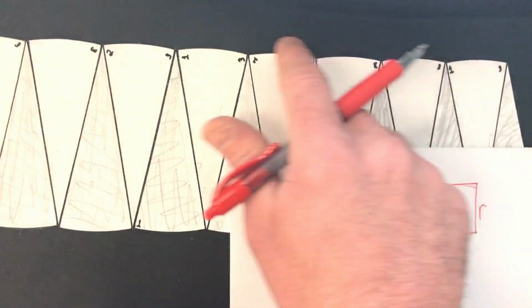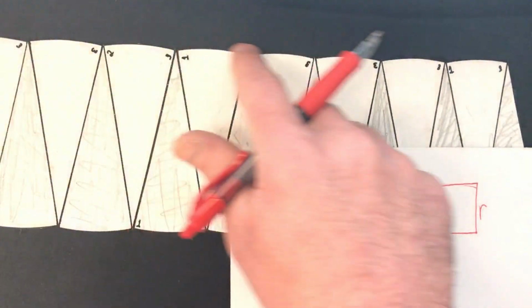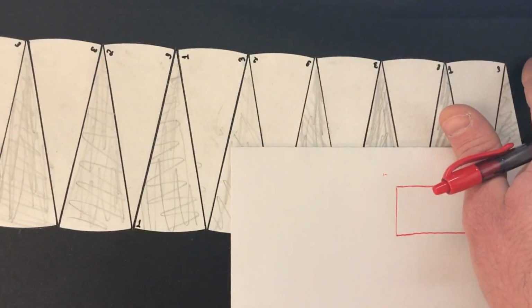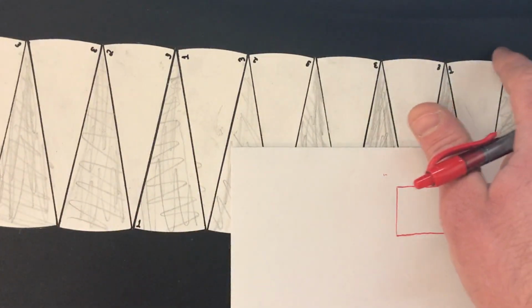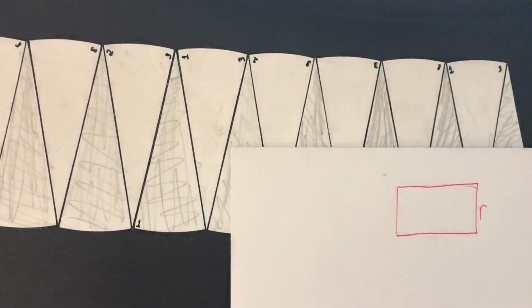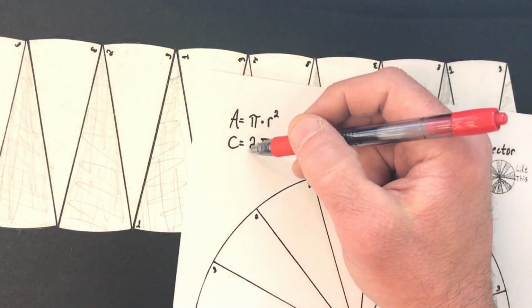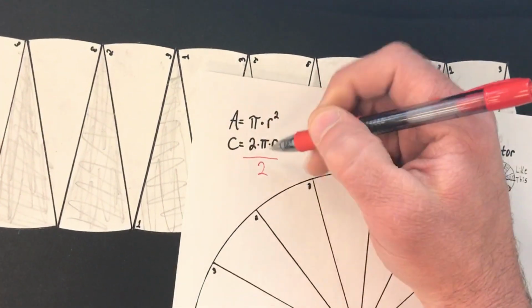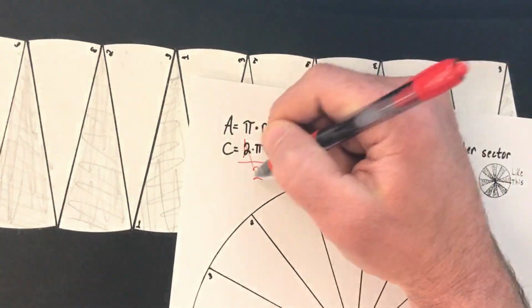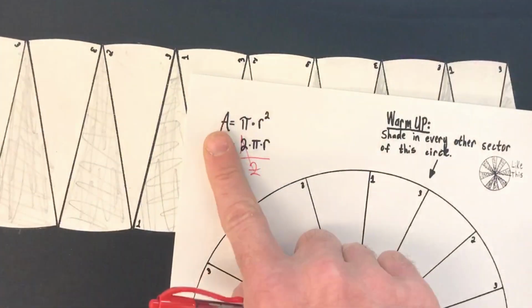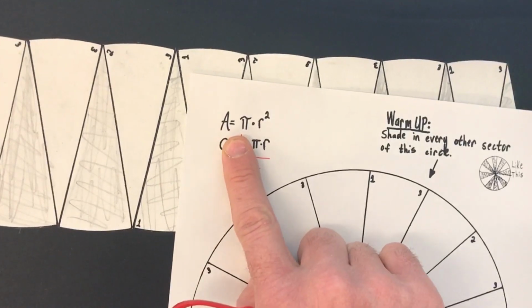Is this length up here the whole circumference of the circle? It's half of it, right? Because the other half is down here. So the length of it right here is just half of the circumference. So what happens if I cut the circumference in half? The 2 and the 1 half are going to cancel, and what's that going to leave?